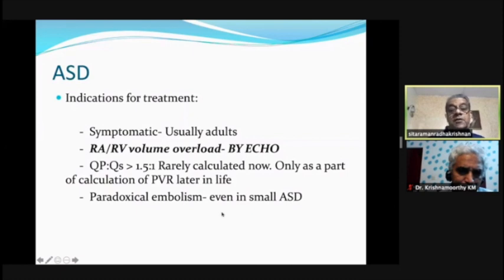Then, of course, even if you have a small ASD, you must have all heard of PFOs causing paradoxical embolism. The indications have also been extended into, say, 3 millimeter, 4 millimeter, 5 millimeter ASDs, which are not causing volume overload. But if a paradoxical embolism can be proven with reasonable certainty, then of course it's an indication for closure.